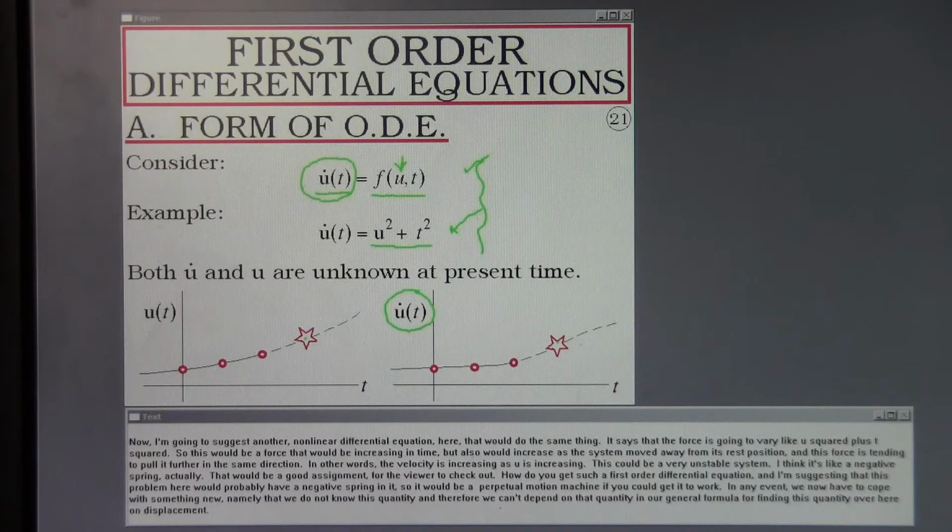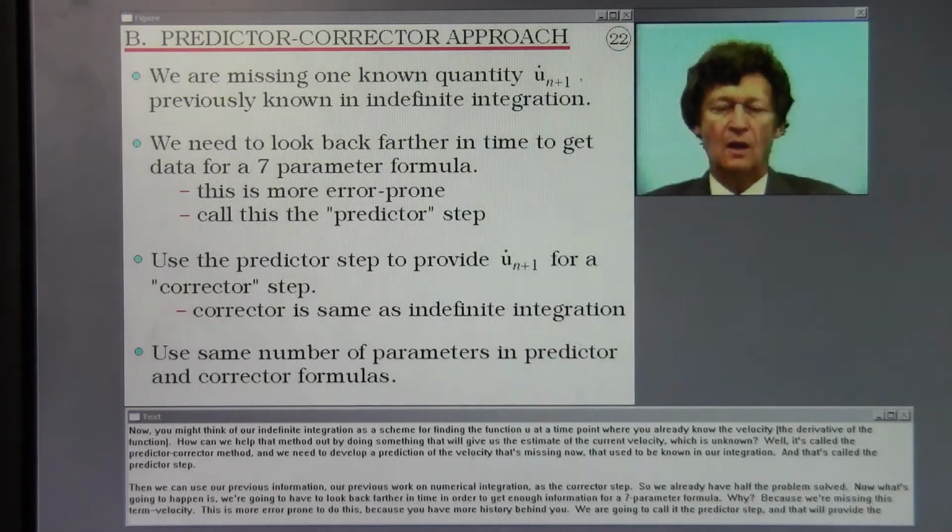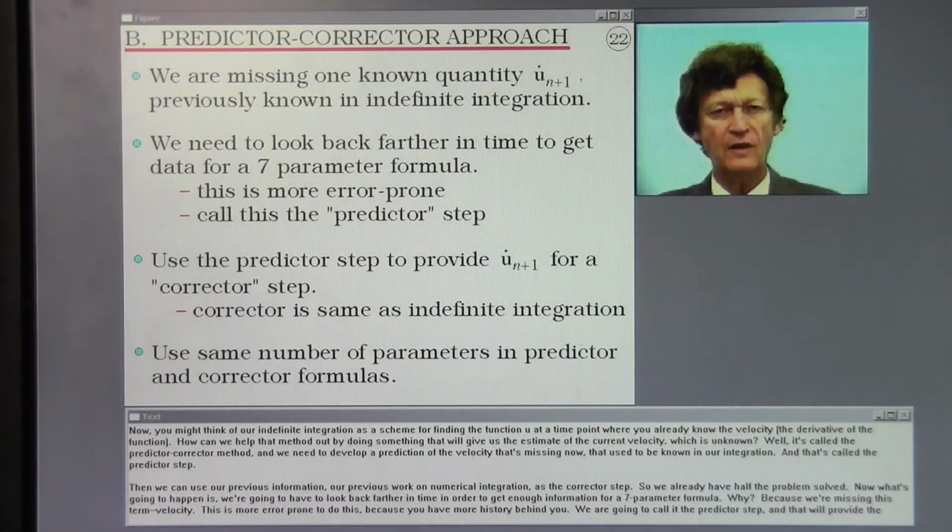In any event, we now have to cope with something new, namely that we do not know this quantity, and therefore we can't depend on that quantity in our general formula for finding this quantity over here on displacement. Now, you might think of our indefinite integration as a scheme for finding the function u at a time point where you already know the velocity or the derivative of the function.